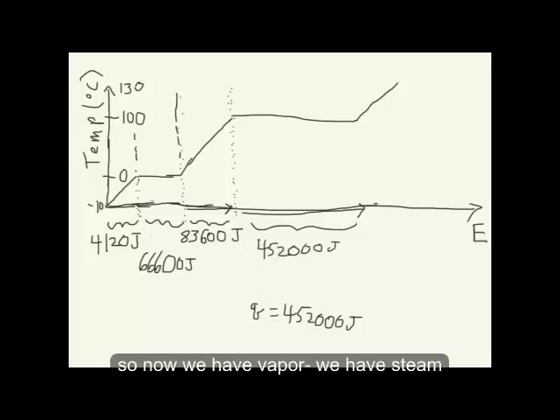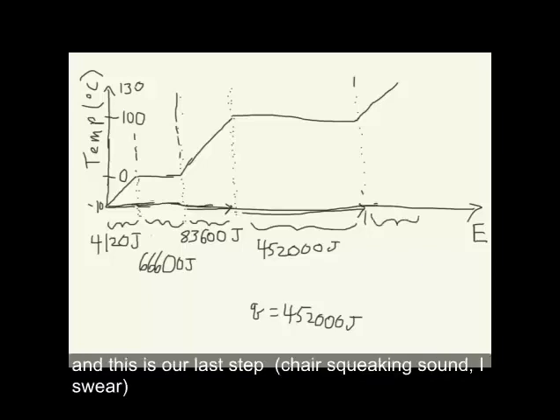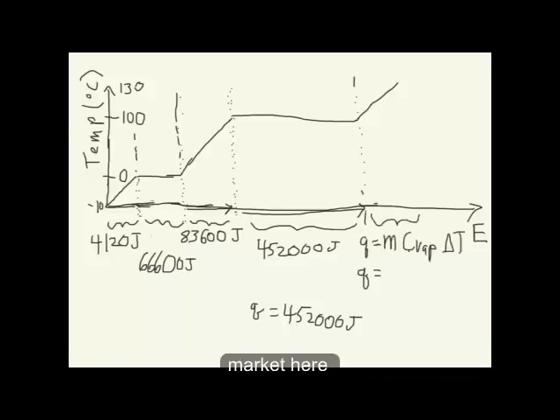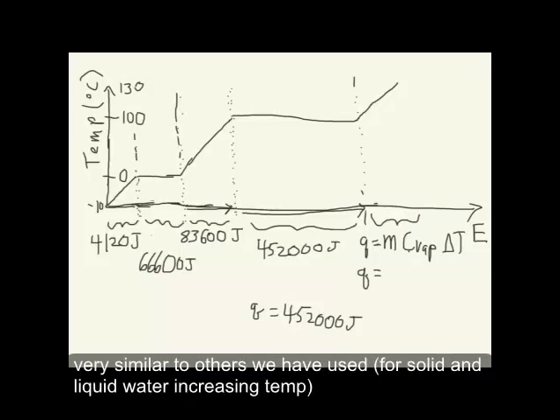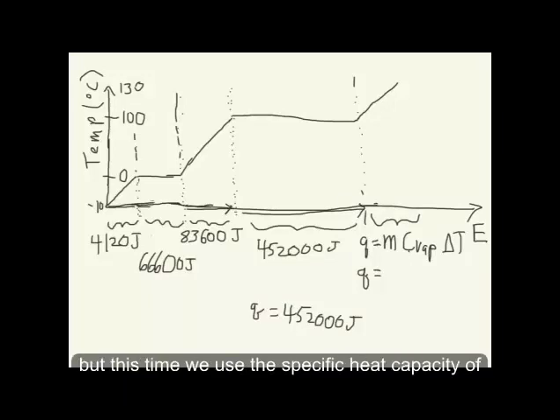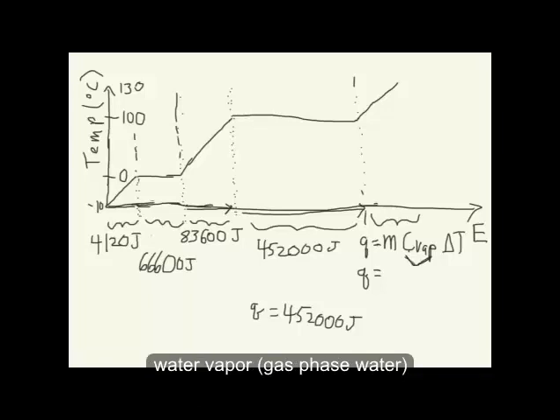So now we have vapor, we have steam, and it's at 100 degrees, we need to get it to 130 degrees, and this is our last step. We are using an equation very similar to others we have used, but this time we use the specific heat capacity of water vapor, gas phase water.